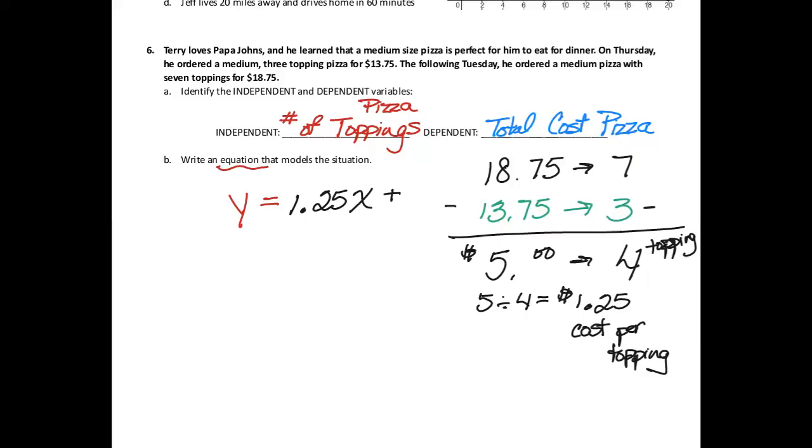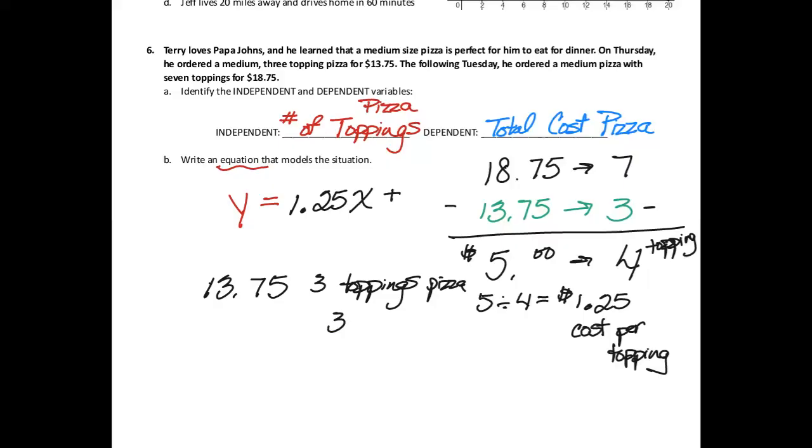Guys, if we order a 3-topping pizza, and that 3-topping pizza costs $13.75, and we know that 3 toppings are $1.25 each, what else could I find? This is the 3-topping pizza.